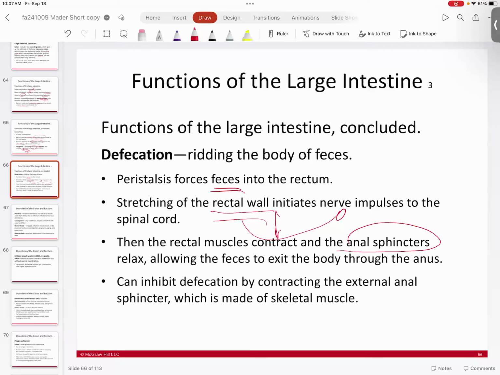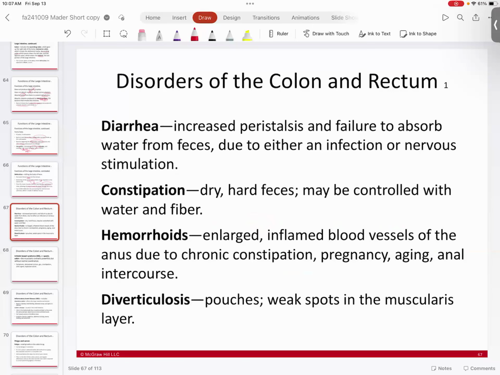They relax, allowing your anus to open up. This will allow the feces to move through the anus. But we do have some control over it, right? We can inhibit defecation by contracting the external sphincter, basically holding it. That is skeletal muscle. So the inner sphincter is involuntary. The outer sphincter is voluntary. So we can hold with the outer sphincter.